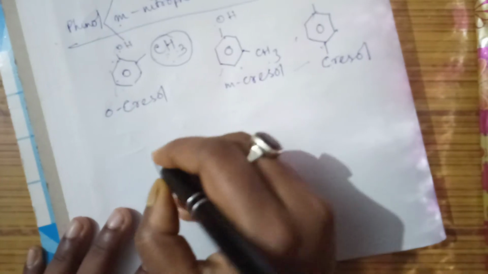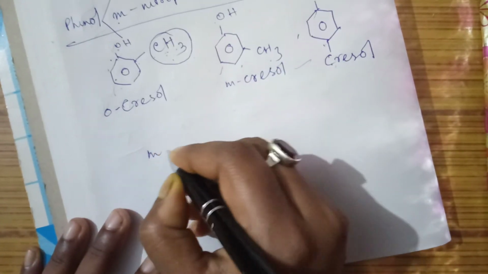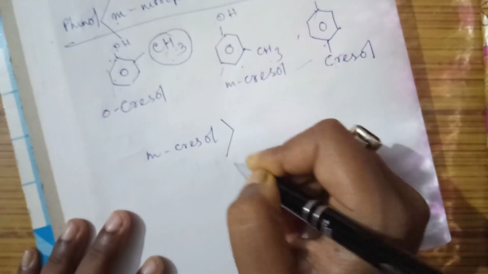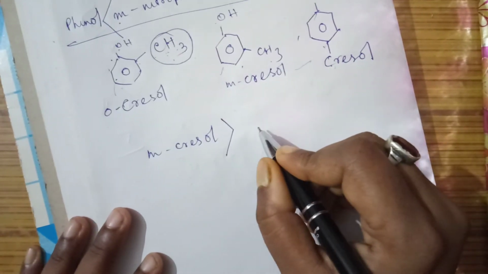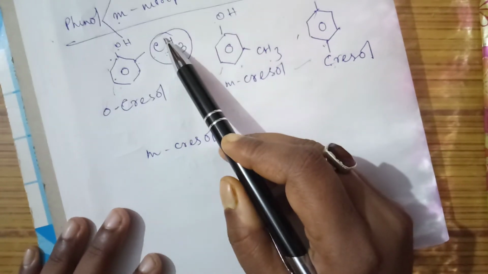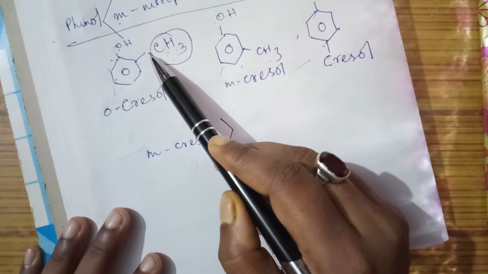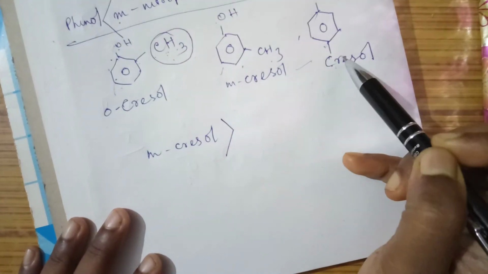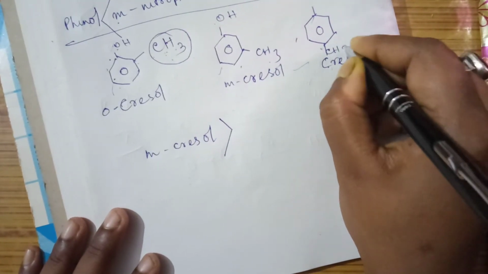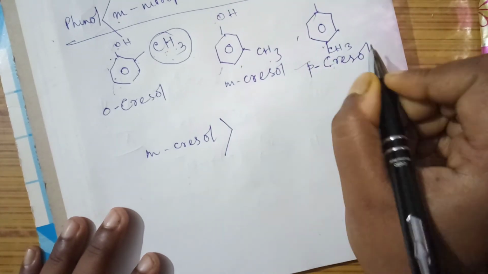So we can write down that metacresol is more acidic than ortho and para. Now in the ortho position the distance is minimum, but in the para position the methyl is far away. This is methyl, and this is paracresol.